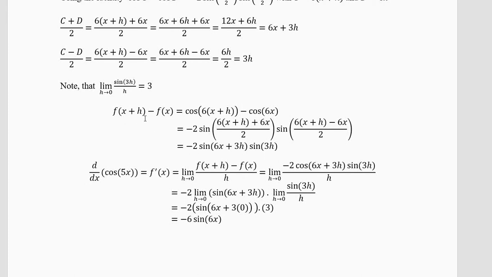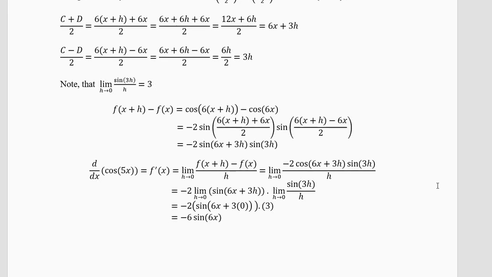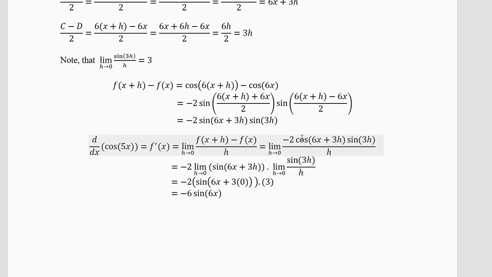Just take the limit. Again, you'll be using this limit here. Sine 3h over h, limit h going to 0 is 3. Do all your algebra. Then separate the cos and the sine. Keep h with the sine and the cosine separately. Sorry, this is sine.